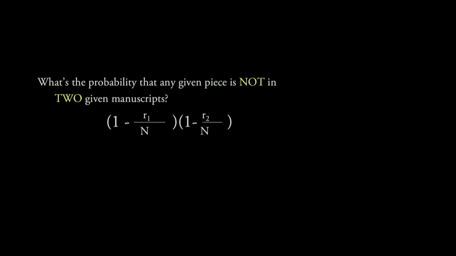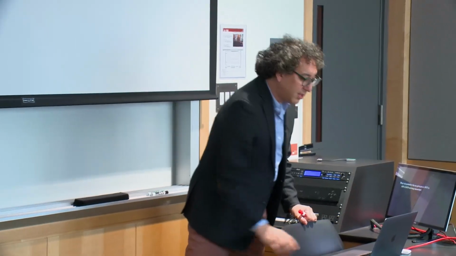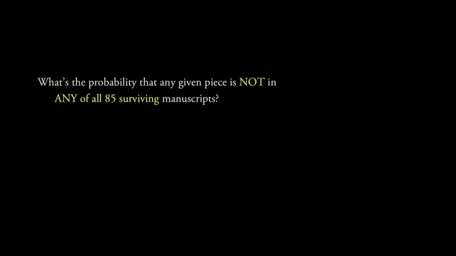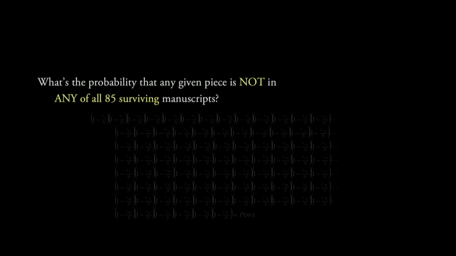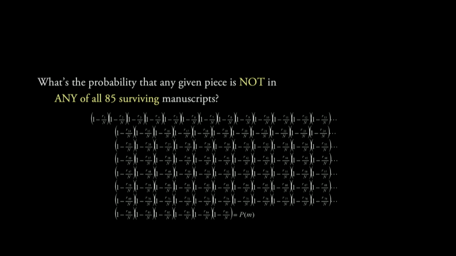You just take the first probability and you multiply by the second one, on the assumption that these are independent. And so try to keep ones from different places, whatever. So then what's the probability that any given piece is not in any of, there were at that point 85 surviving manuscripts? Well, you just have something like this.